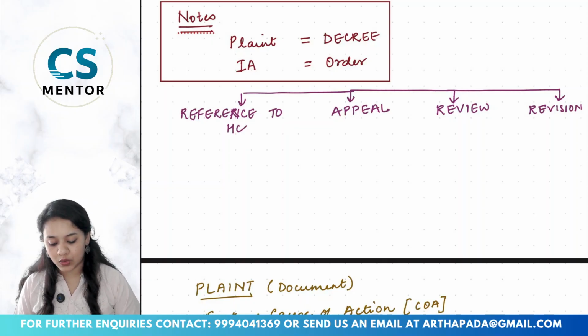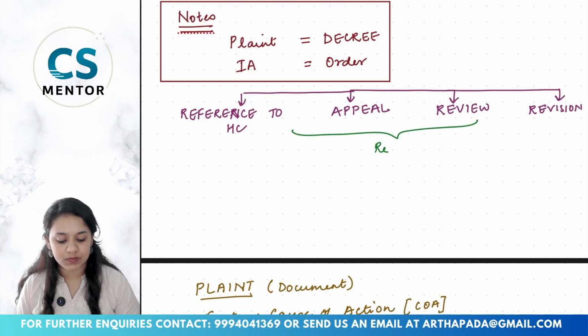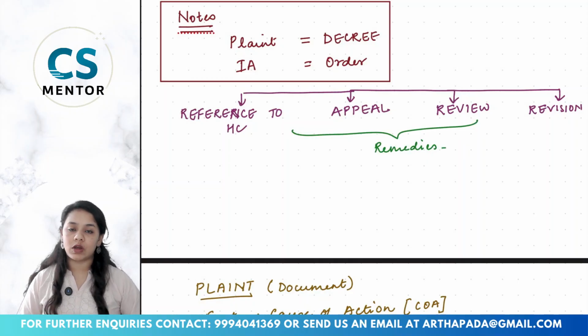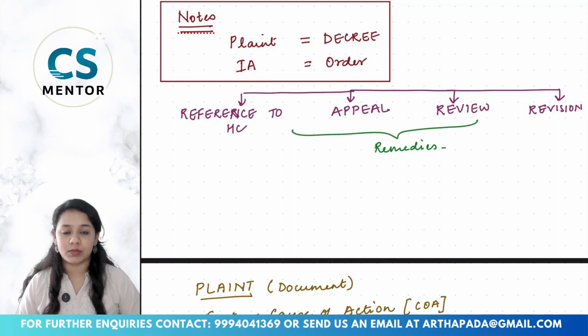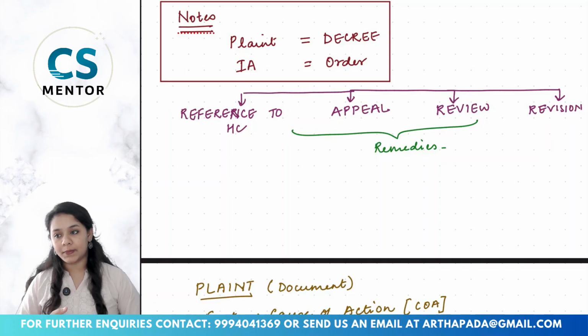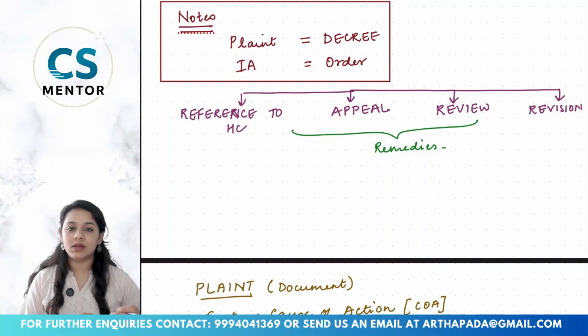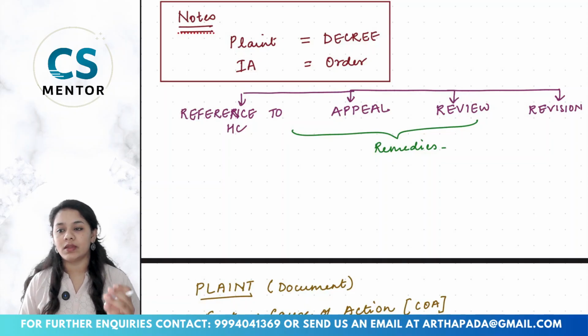All of these are what I will call as additional remedies. Appeal is the one that we know of and which is probably well known amongst everybody. But apart from appeal, you even have certain other remedies which we will call as reference, review, and revision. So these are the next few topics that we will be looking at with respect to your CPC.